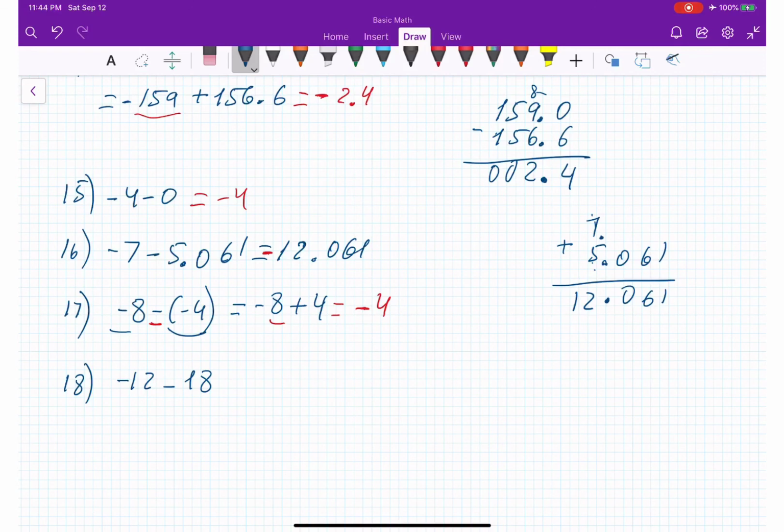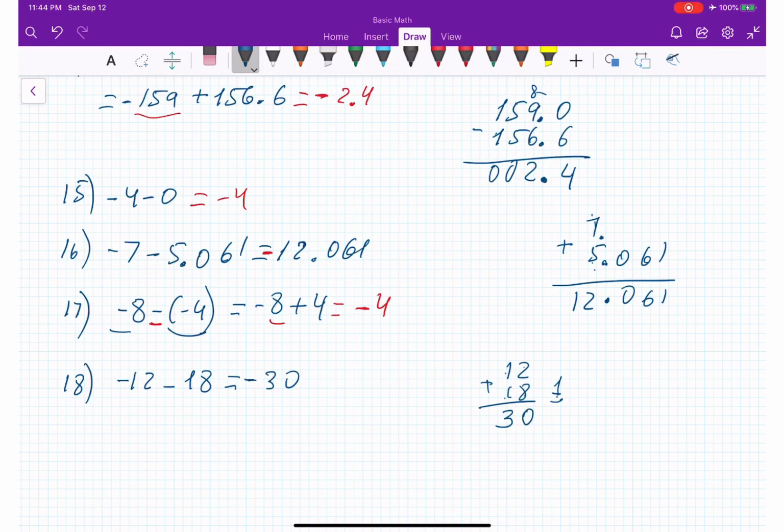Both of them are negatives. Signs are the same. We need to add 12 plus 18. 2 plus 8 is 10, 0 writing down, 1 in mind. 1 plus 1 is 2, and this 1 also will be 30. Since both of them are negative, nothing to choose from.